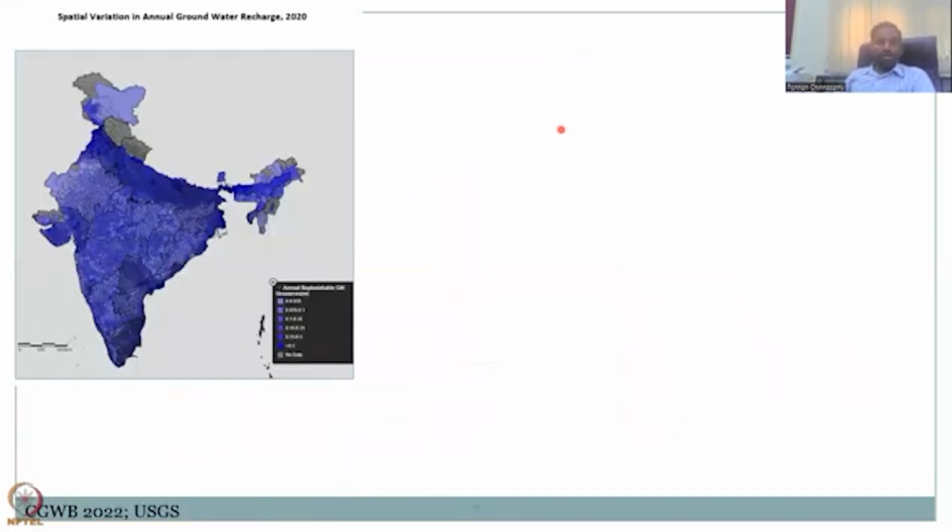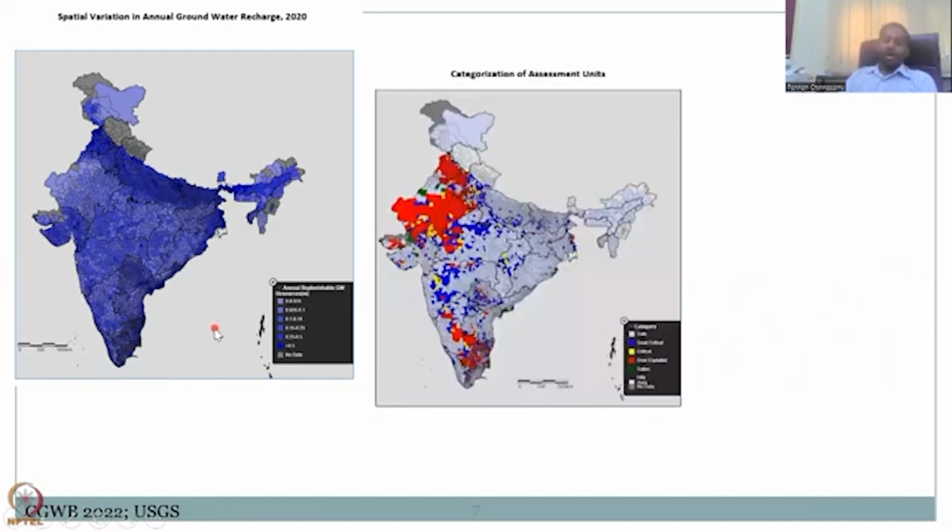So if you look at the spatial variation of groundwater recharge, how much water is recharging across India, you could see that along the Ganges basin where alluvial aquifers are there, there's a lot of water recharge, and along the Western Ghats and central India. Whereas if you look at the CGWB's estimates of groundwater blocks, red means overexploited.